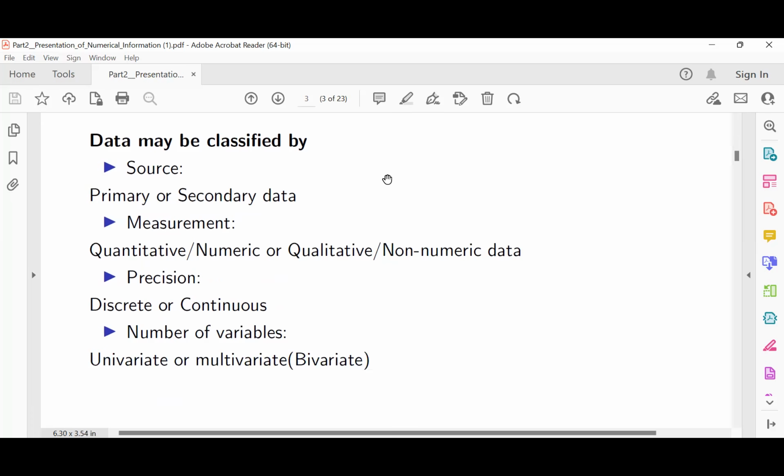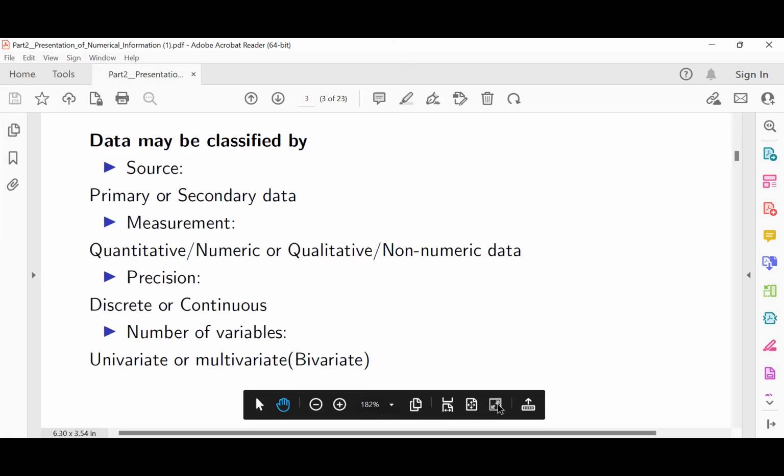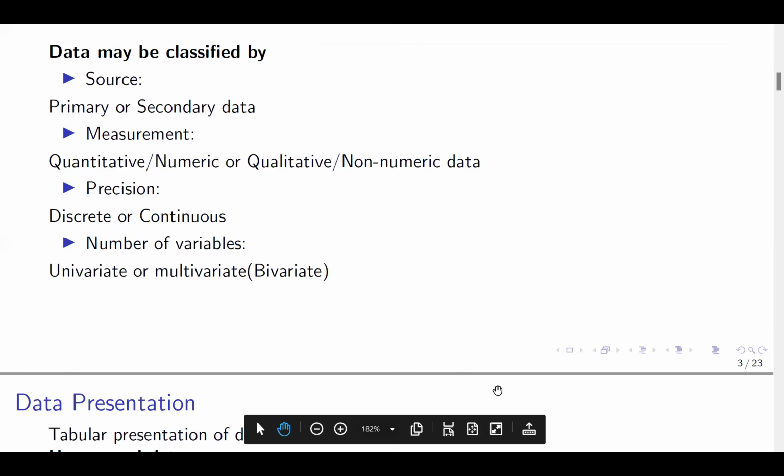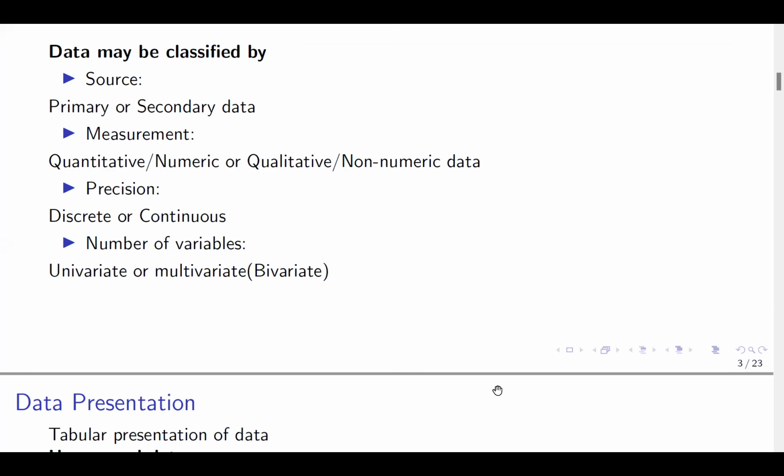The third classification of data is by precision. And under precision, we are talking about classifying data as either discrete or continuous. All the above classifications have been spoken about in our previous sessions.